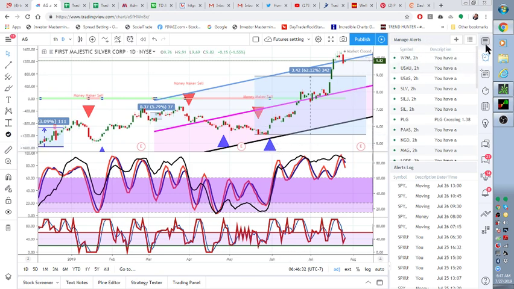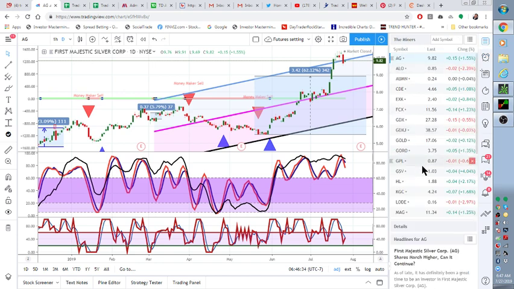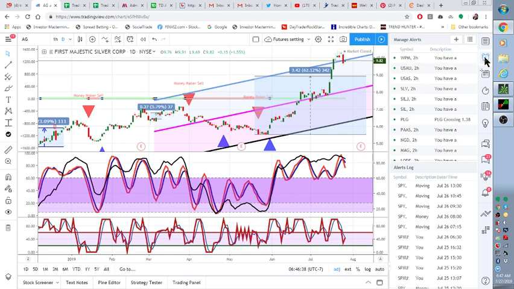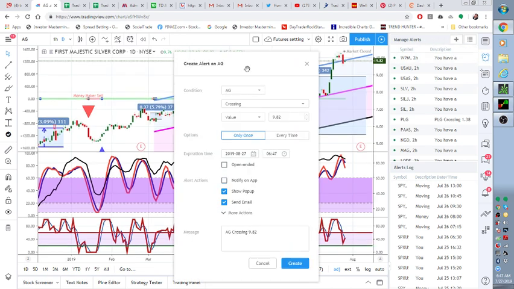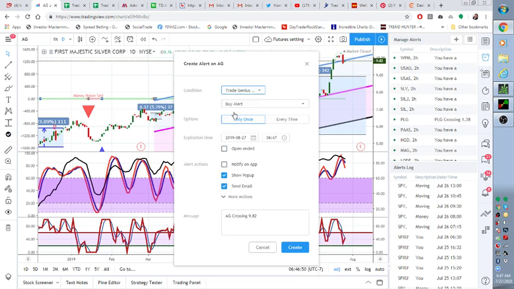so we display that on the screen, but you can also do an alert against it. So what you do here in TradingView, here's your watch list, and then this alarm clock is to set an alert, and you hit a plus sign. You're already in the First Majestic, already on the daily, and you just click on the condition and select Moneymaker.